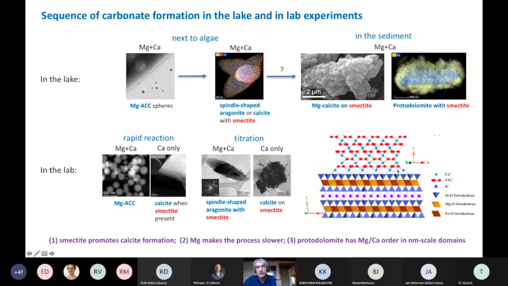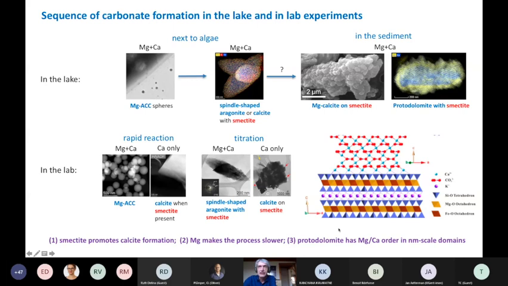So probably it's ACC or just ion clusters that arrive on this surface, and when the surface is covered, they are organized into calcite. Of course, magnesium makes the whole process slower, which has also been known. And we described a protodolomite structure that has nanoscale domains of ordered magnesium-calcium distributions, but it's not perfect ordering as in dolomite.